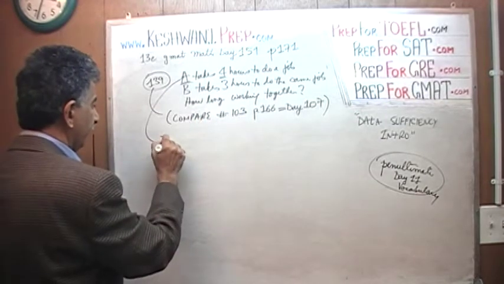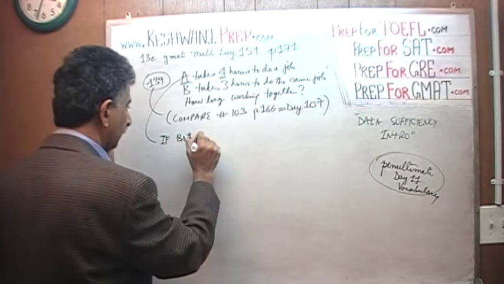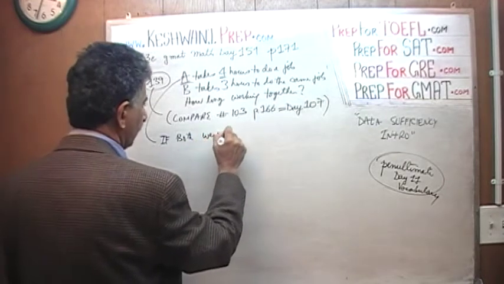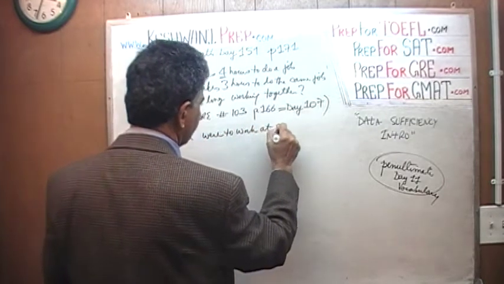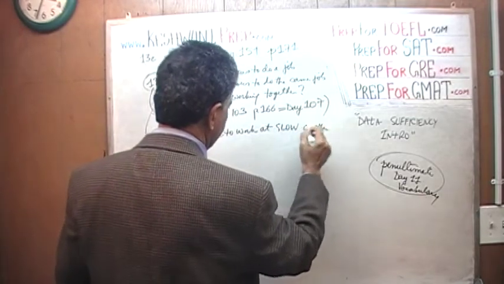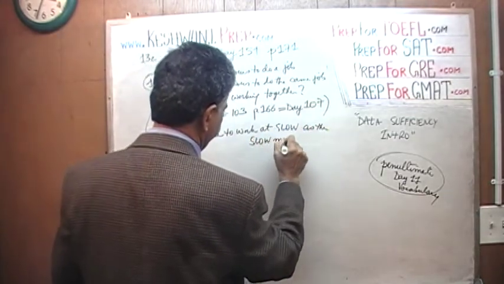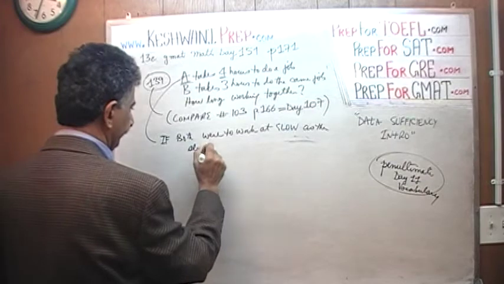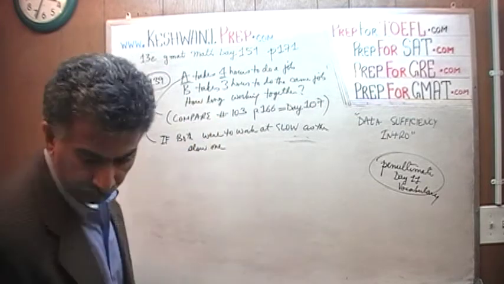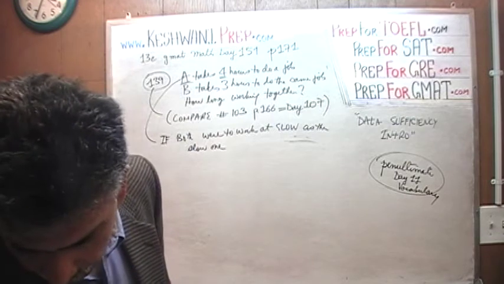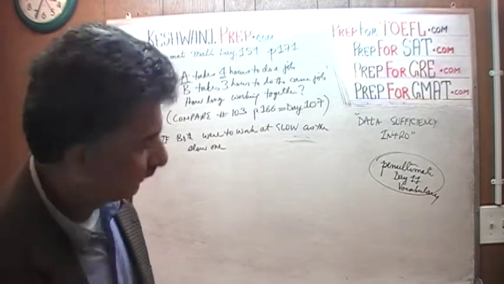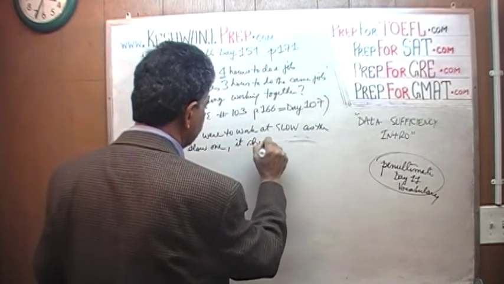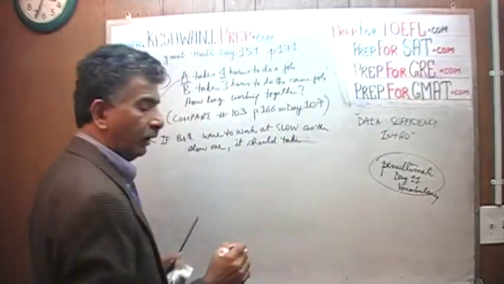So if both were to work as slow as the slow machine, it should take how long?